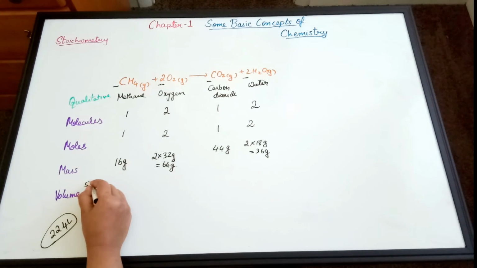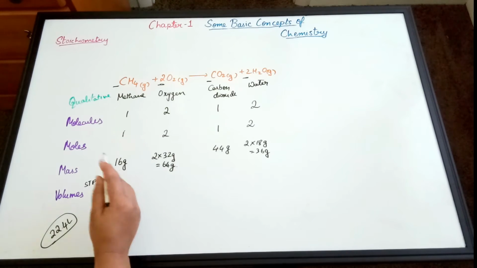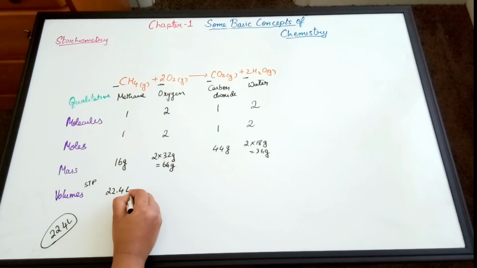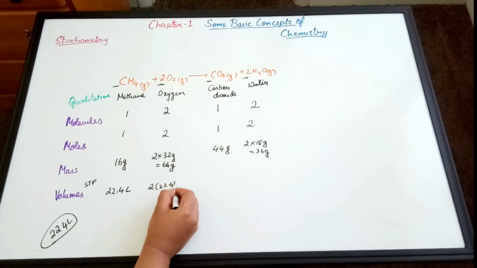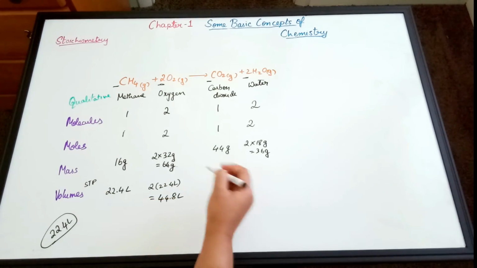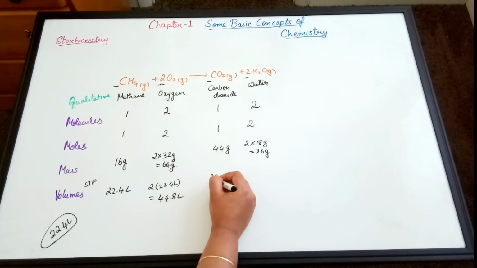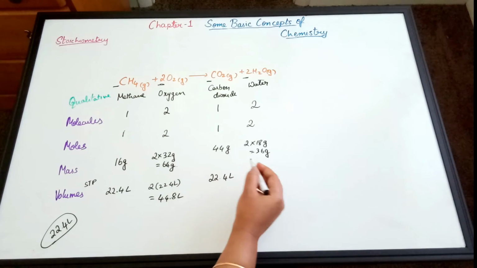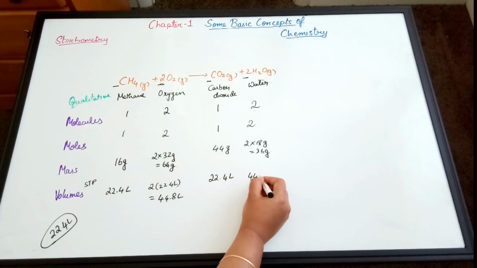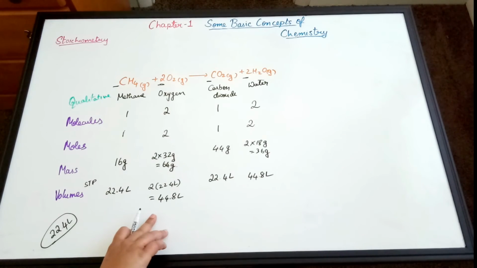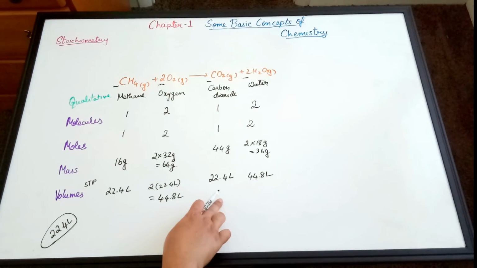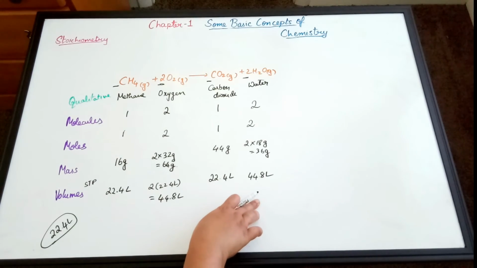So, volumes at STP: since there's only 1 mole, 22.4 liters. Here you have 2 moles, which means 2 into 22.4 liters, equal to 44.8 liters. Here also you have only 1 mole, so 22.4 liters, and 2 into 22.4, that is 44.8 liters. So 22.4 liters of methane reacts with 44.8 liters of oxygen to give rise to 22.4 liters of carbon dioxide and 44.8 liters of water.